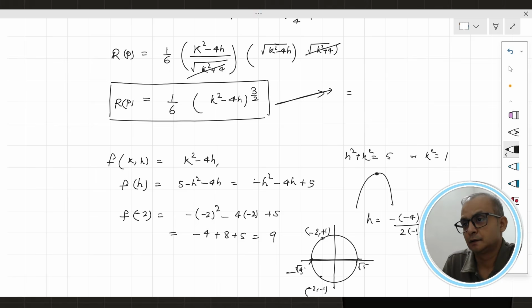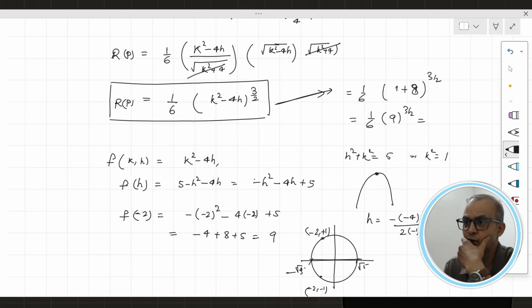Yes, if I'm missing anything, no. Let's see. So k is equal to 1. So 1 minus and minus 2, that is 9, 8, sorry, 8, not 9. I calculated the total or overall value in my mind. So 1 by 6, and this is 9 to the power 3 by 2. So 9 to the power 3 by 2 is going to be 27, I think.